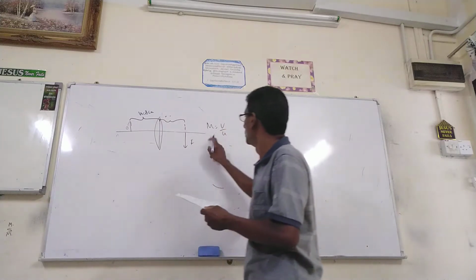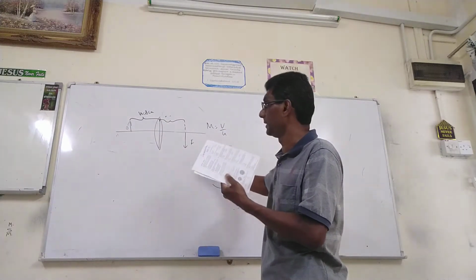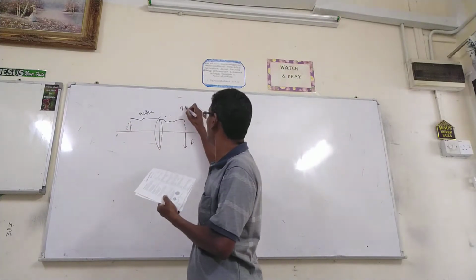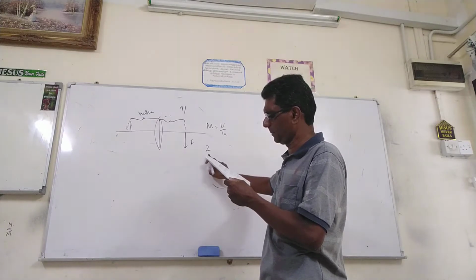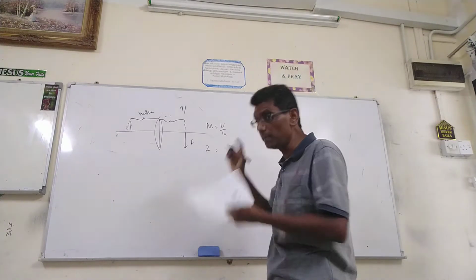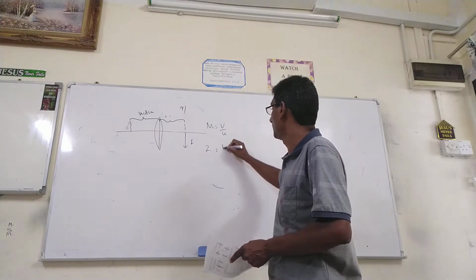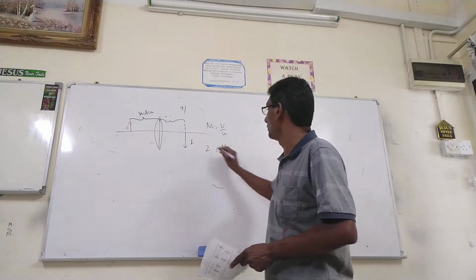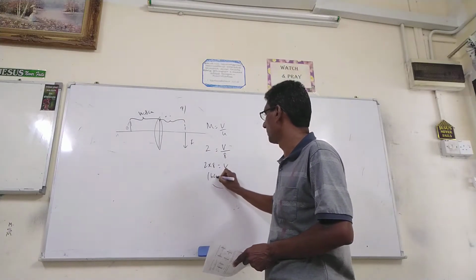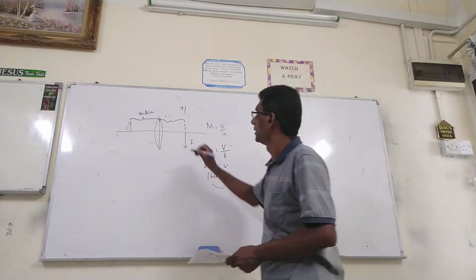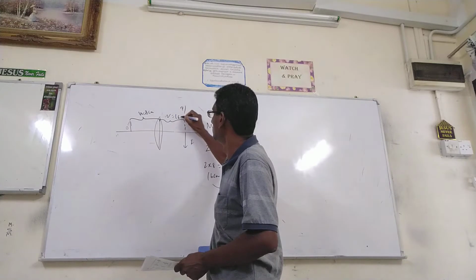The magnification is 2. Question number 9: the magnification is 2, and calculate the distance between object and image. For that you must find the image distance, because they are asking the distance between object and image. The image distance we don't know, but the object distance we know, 8 cm. So 2 times 8, 16 cm. So v equals 16 cm.